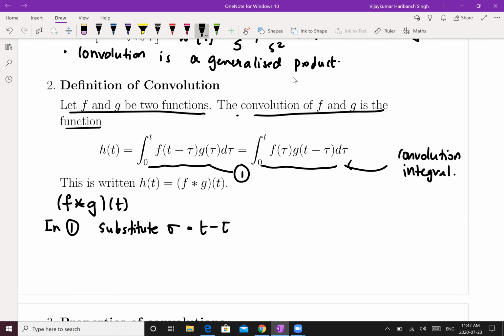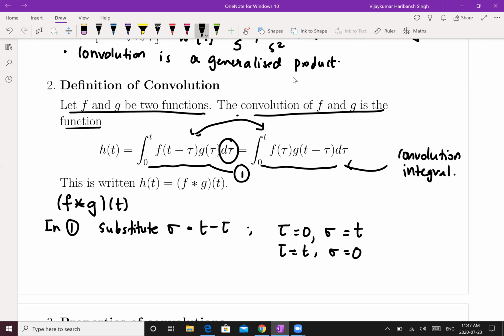We want to show that these two integrals are the same. If tau is 0, sigma equals t. And if tau is t, then sigma is 0. So this is what we are going to do in the first integral.